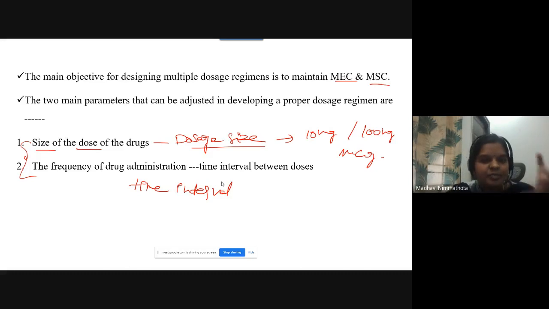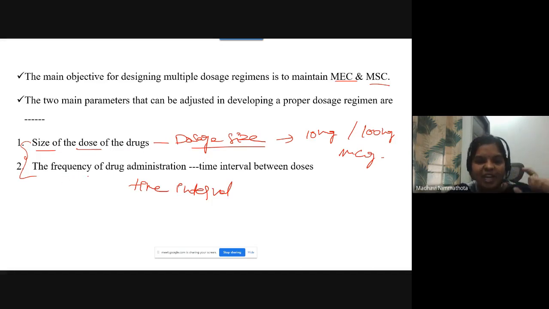So to make a multiple dosage regimen, you need to focus on only 2 points of the drug: the dosage size of the dose and the frequency of administration.